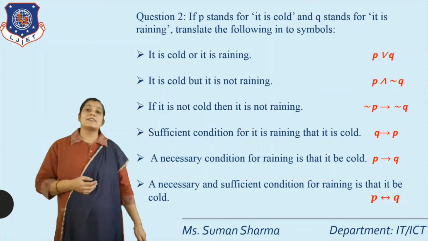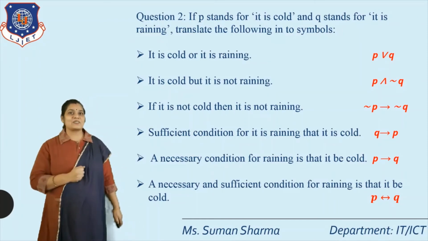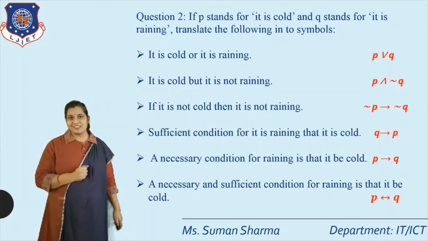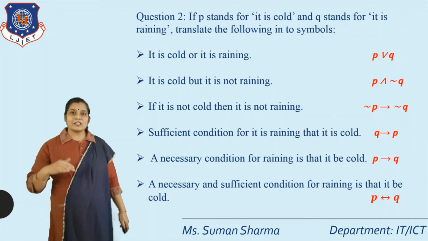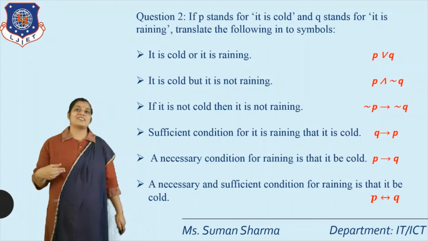Next one is "a sufficient condition for it to be raining is that it is cold". In the sufficient condition, according to your question, the second statement we write in the first form.